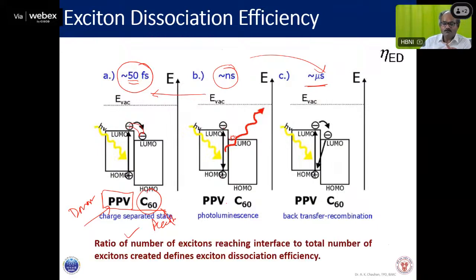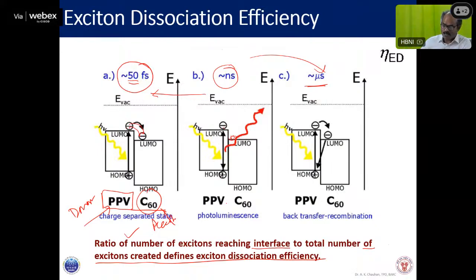So if we need to define, if an exciton is created, whether it will be dissociated or not, how will we define it? The ratio of the number of excitons reaching the interface to the total number of excitons created defines the exciton dissociation efficiency.